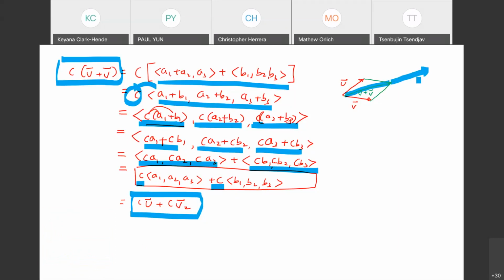This is 2, right? The whole blue is 2 of u plus v, right? Yeah, this whole thing.